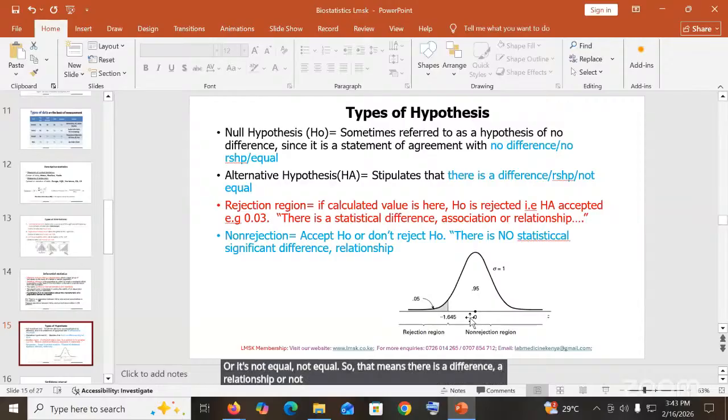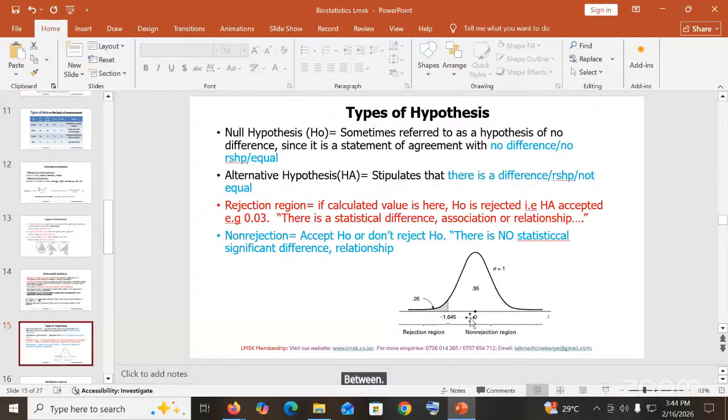So let's take, for example, the hypothesis that there is no association between satisfaction of laboratory clients and the number of visits they have made in our laboratory.